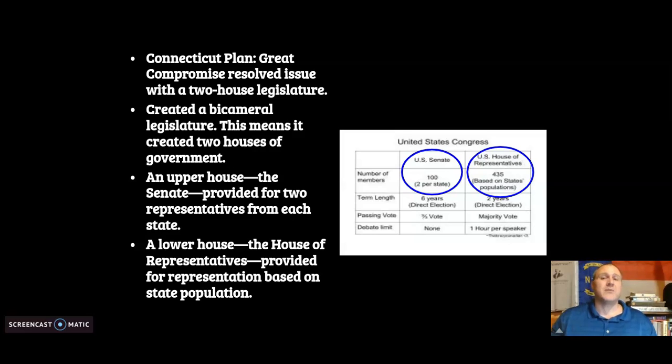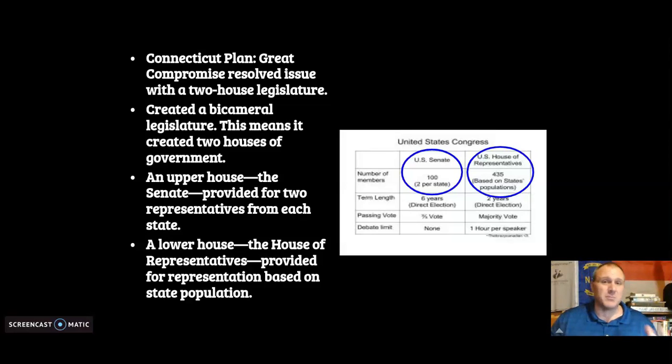We also have the House of Representatives, which has 435 members. That makes no sense when you divide it by 50 states, but the House of Representatives, the lower house, is based on population. So states like California and New York, with huge populations, are going to have more representation in the House of Representatives.